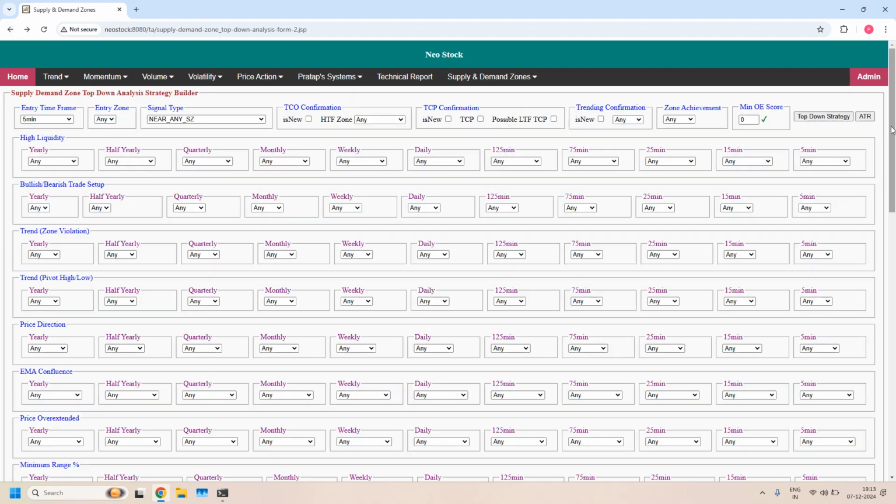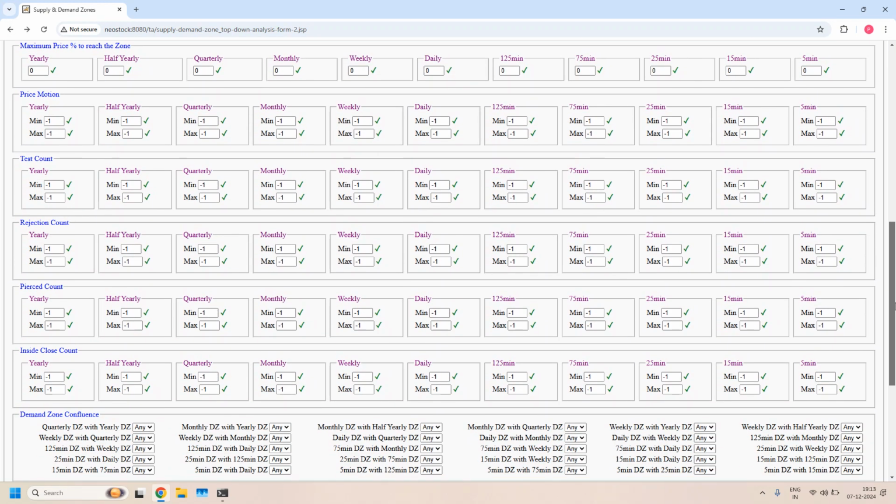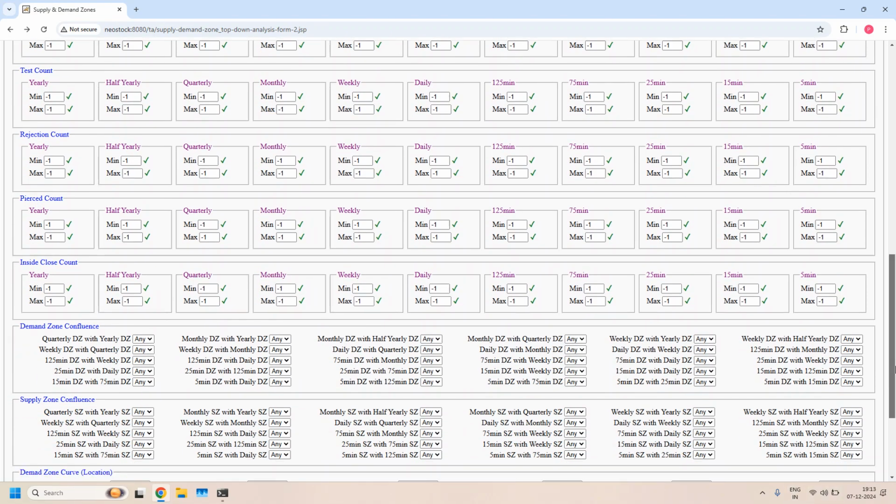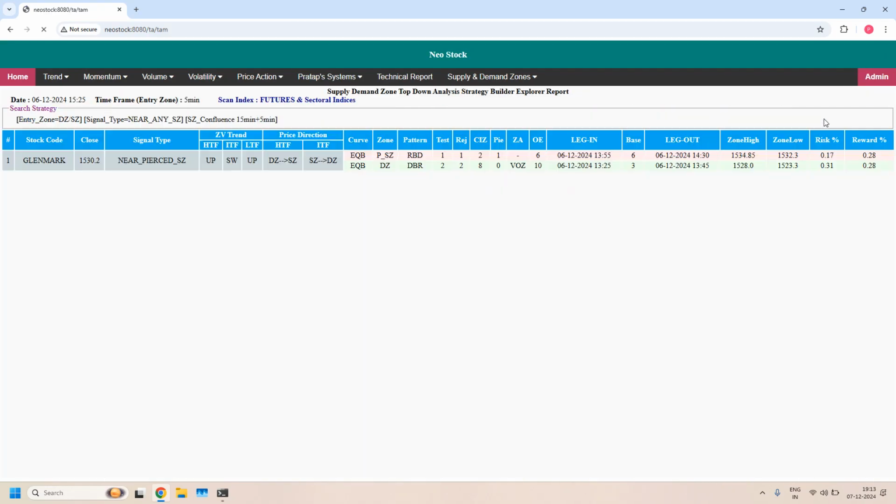That is 5 minute supply zone with 15 minute supply zone confluence. I am enabling that filter. We got only 1 stock, but that 1 stock is pierced, so it is not useful.